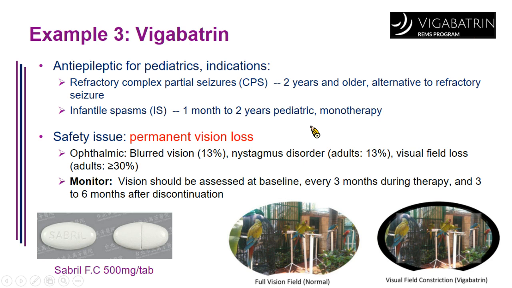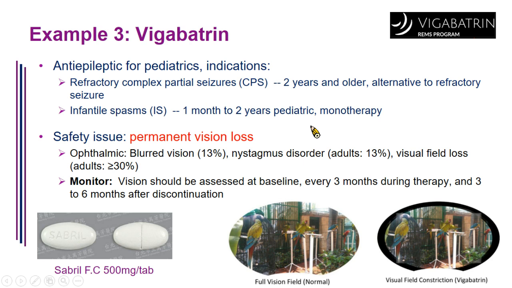In this case, physicians can use vigabatrin in pediatrics if the patient has already tried other anti-seizure medications but all failed. Then that's the timing they can use it for refractory complex partial seizures. Another case is for pediatrics from 1 month to 2 years, using vigabatrin as monotherapy for infantile spasms, in short IS.